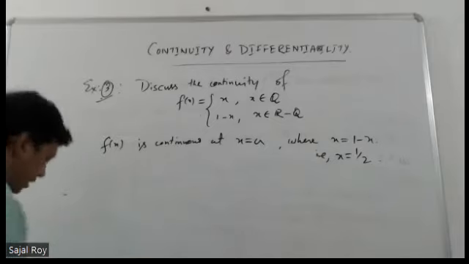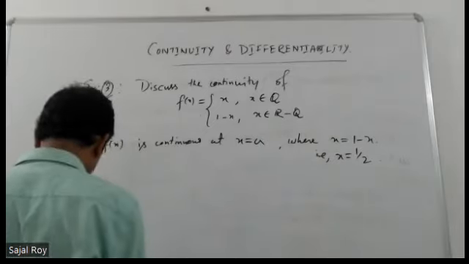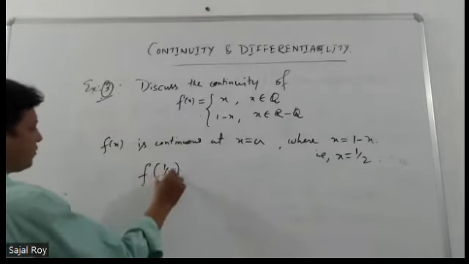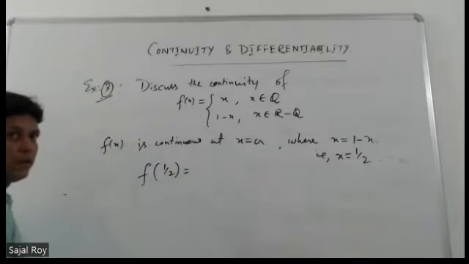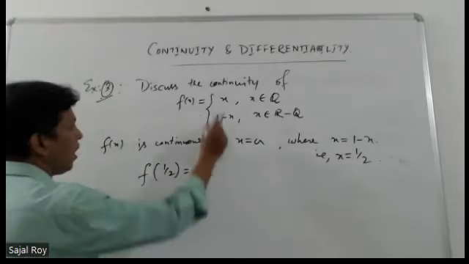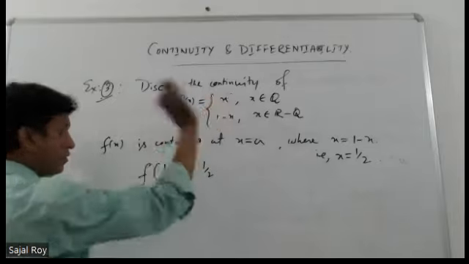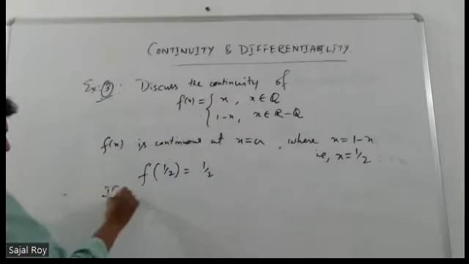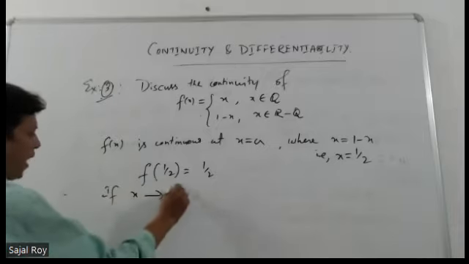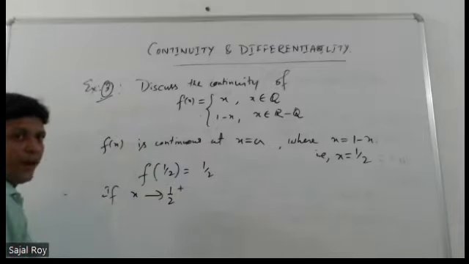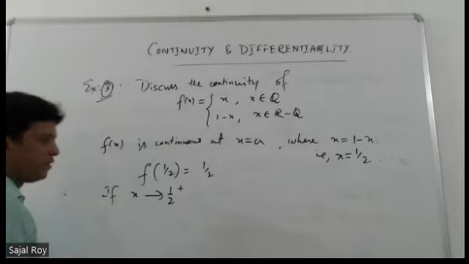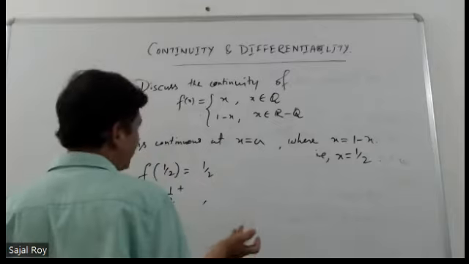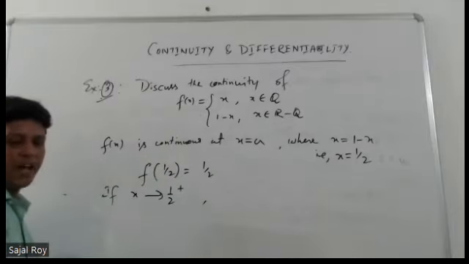Now let me explain that part. What is your f(half)? It is half, because half is a rational number. Now if x tends to half plus, I want to check the right hand limit. x can be rational, x can be irrational.